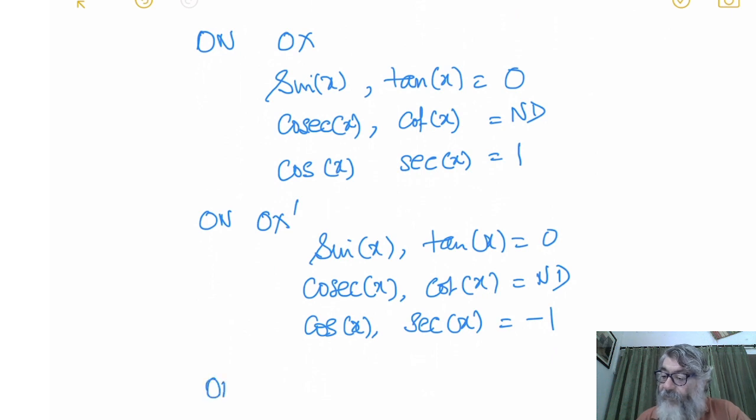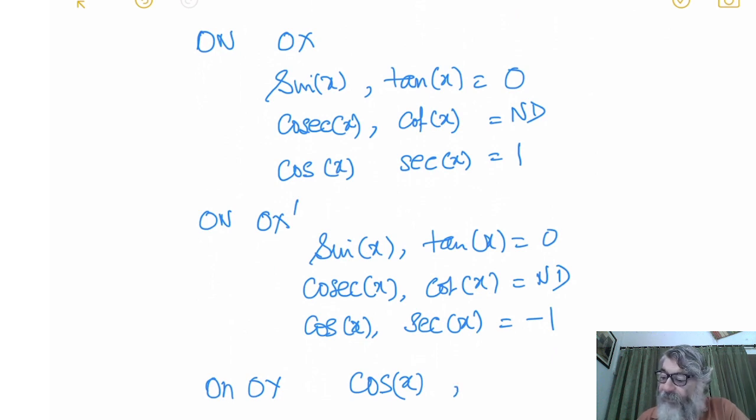On OY, the line going upward, what will be there? Cos x is always 0 on OY. Cos 90 is 0. And the opposite of that, cot x, is cos x upon sin x.